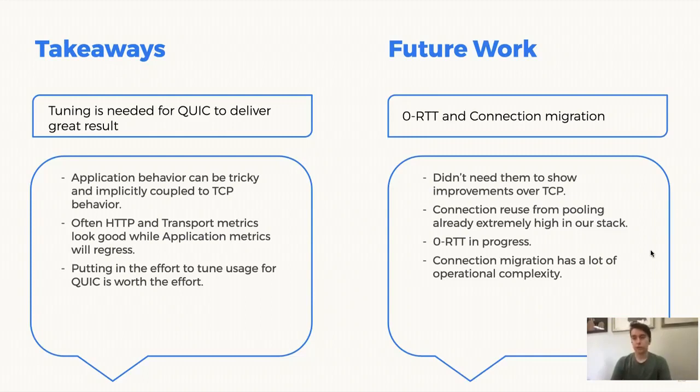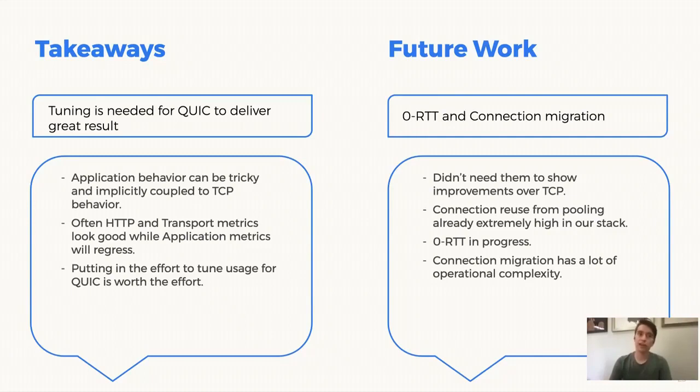So you might have noticed that we didn't mention two probably headline features of QUIC, which are zero-RTT connection establishment and connection migration. And these are very important features, but we didn't actually need them to replace TCP with QUIC. And there's a couple of reasons for this. One is that zero-RTT essentially improves the experience when you need to make a new connection.